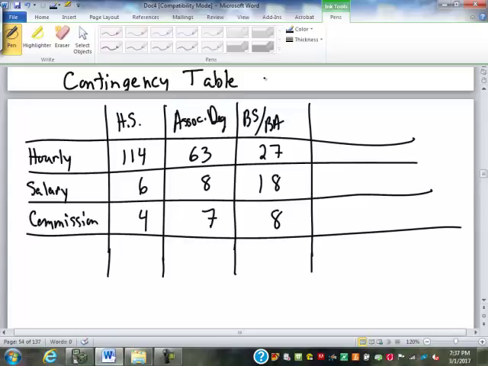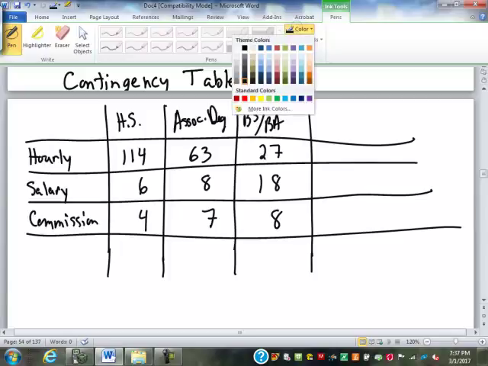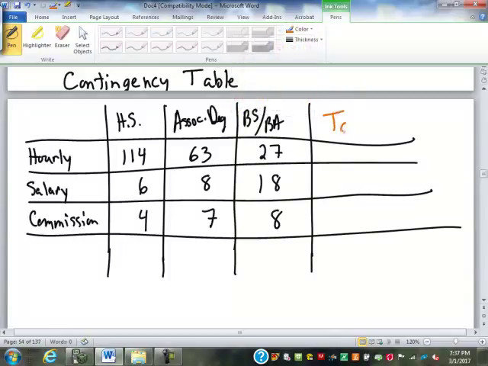It shows 2 different variables, 2 different sets of classifications, and how they relate to each other. And to work with a contingency table, we need to find the totals of each column.